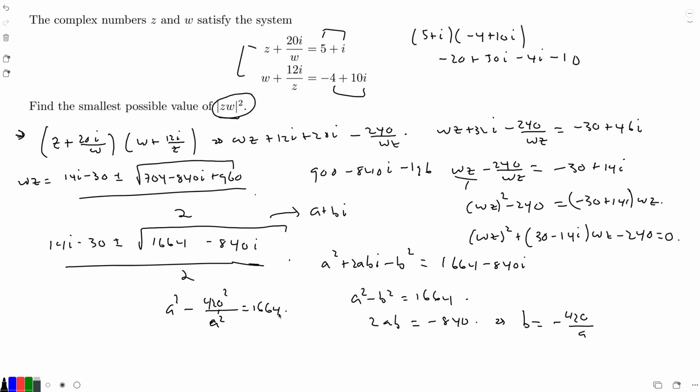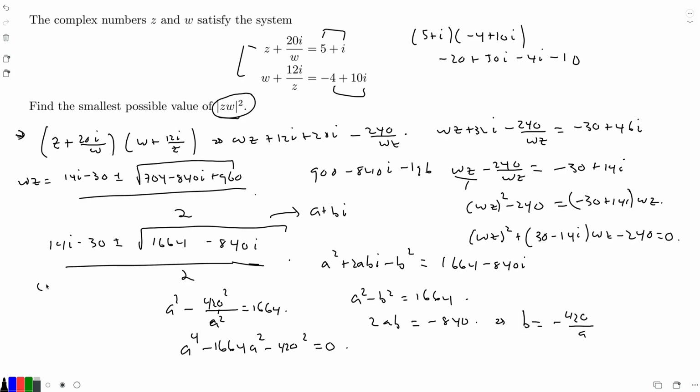Now we can multiply by a squared and bring this to the other side to get a to the fourth minus 1664 a squared minus 420 squared is equal to 0. Okay, that looks good. Now we have to solve this quadratic. This is the AIME, so it will have some computational problems, but chances are this quadratic will factor nicely.